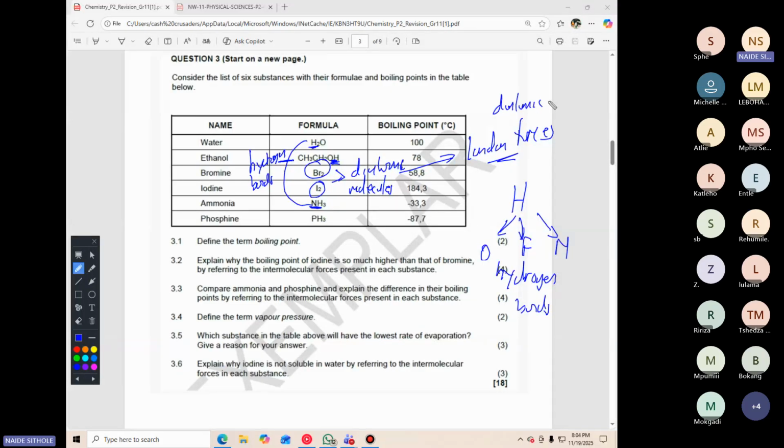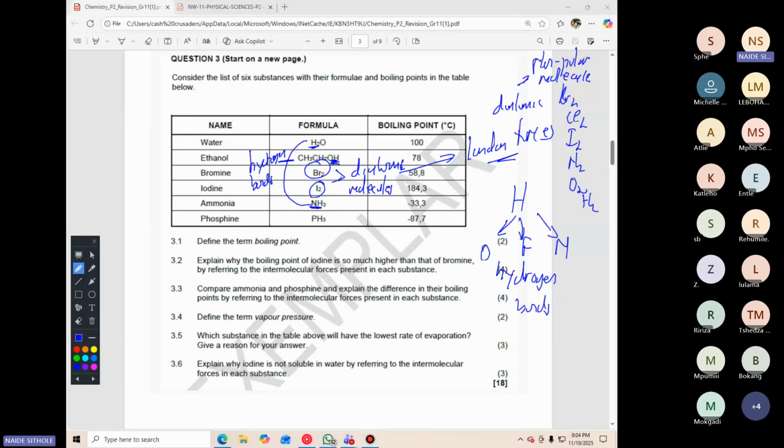Then with diatomic molecules, we are talking about things like Br2, Cl2, I2, N2. You get the idea. O2, H2. The ones that repeat themselves. So diatomic molecules or anything that is a non-polar molecule. Once you identify that it's a non-polar molecule, then just know that it has London forces.